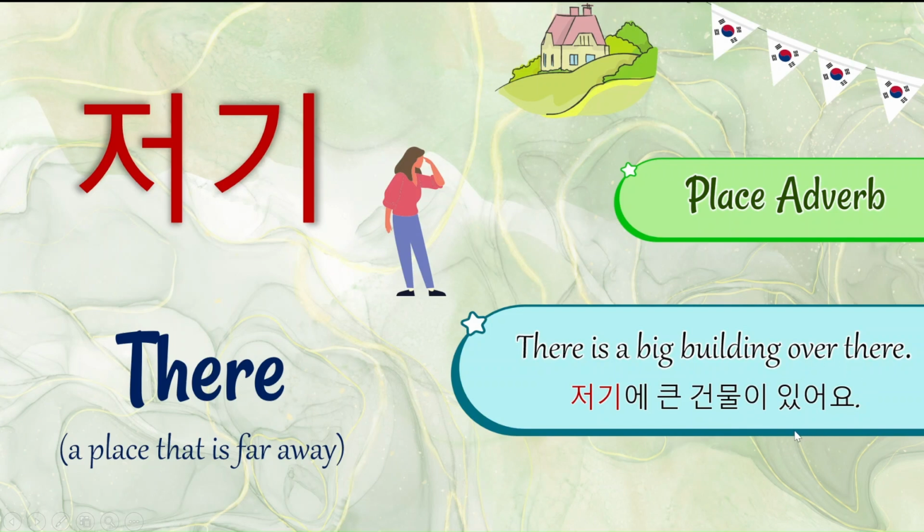For that, we use the verb 있다, and in present tense, it becomes 있어요. You have to say that there is a big building over there, which means somewhere far away. So for that, we use the adverb 저기. Again, I have attached the particle 에 to it. You can remove it in daily conversation. That's all right.